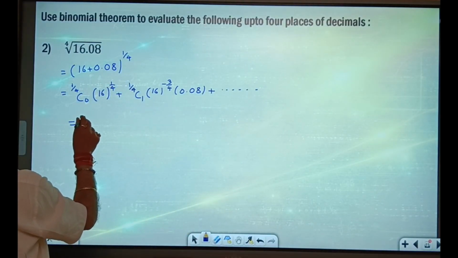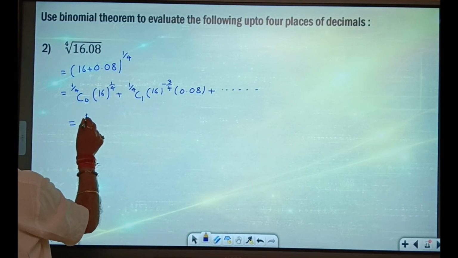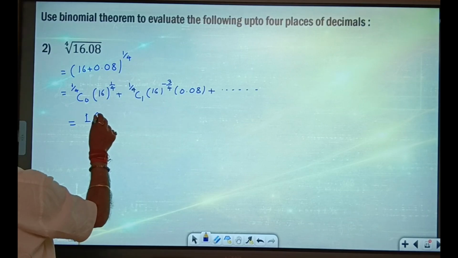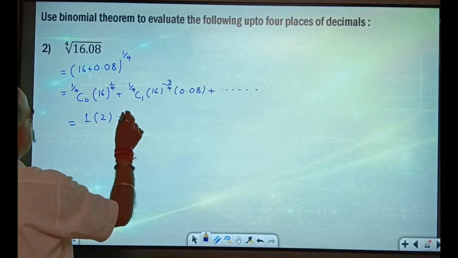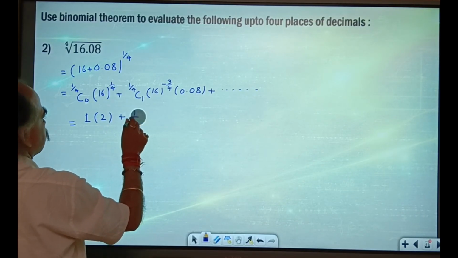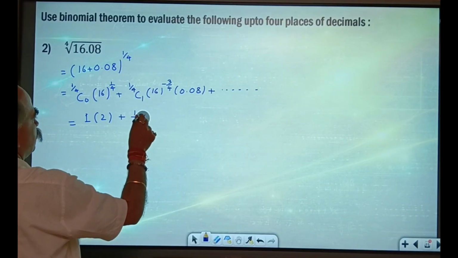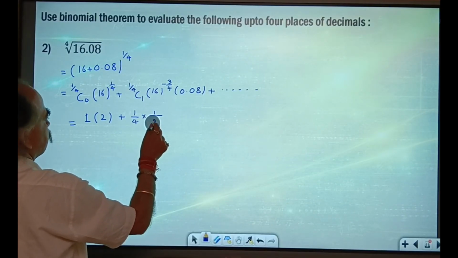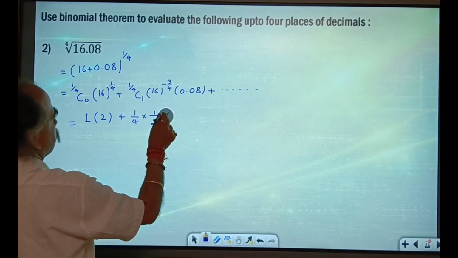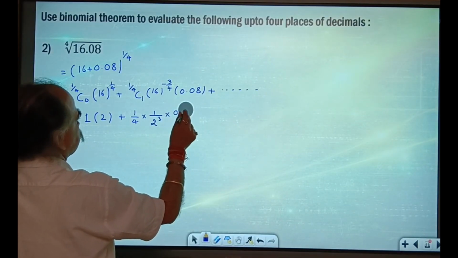Any number C0 is what? 1. And 16 raised to 1 by 4 is what? 2. Any number C1 is what? Same number, 16, 2 raised to minus 3 means positive 1 upon 2 raised to 3, into 0.08.